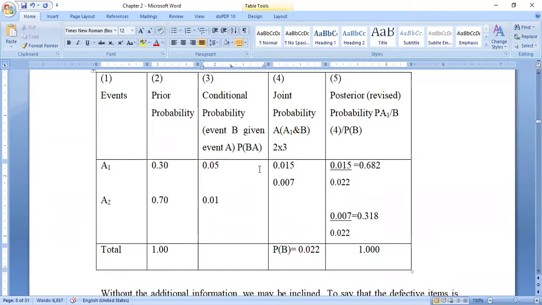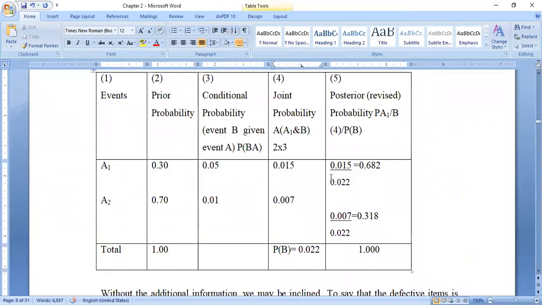After multiplying column 2 into column 3, that is 0.30 into 0.05, you will get 0.015. Then the same formula we apply for machine 2 to get the joint probability value: 0.70 into 0.01, then you will get 0.007.